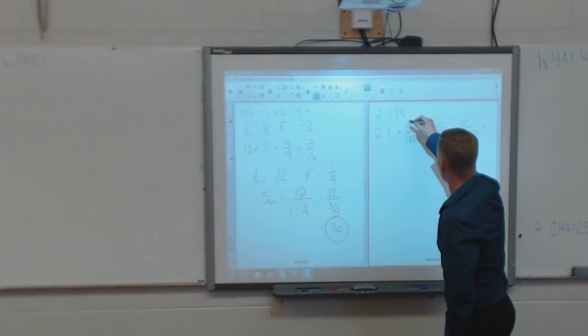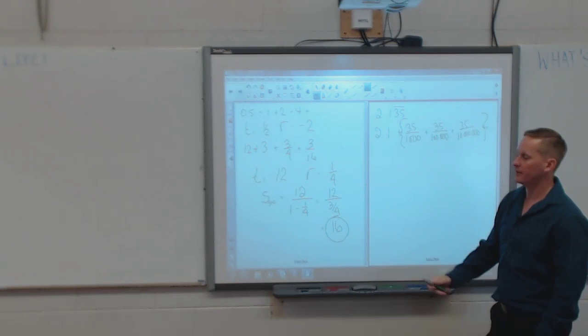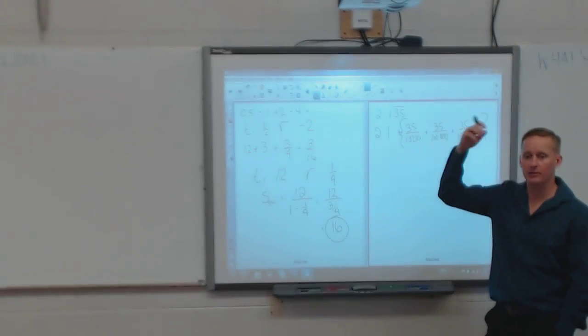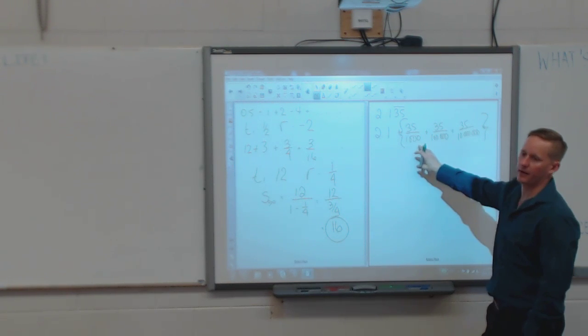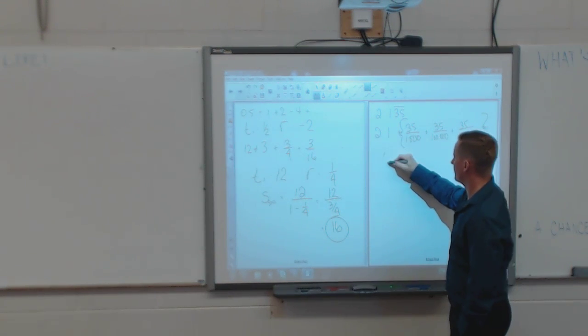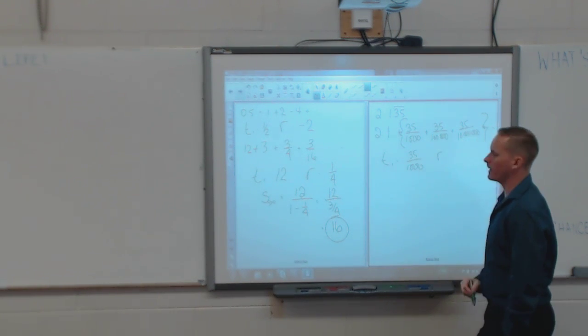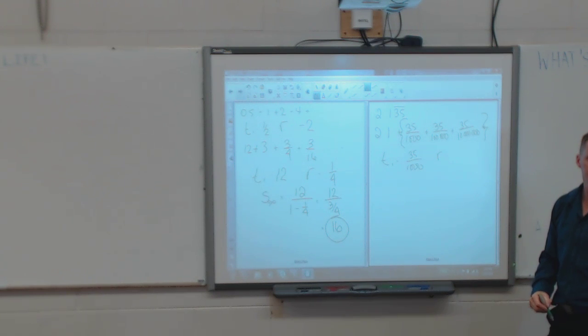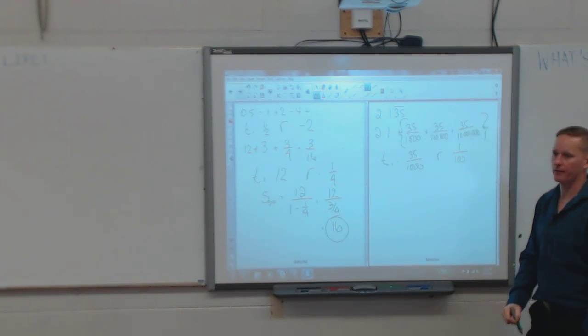If I just focus on this aspect, this has a finite value, obviously, right? It's 2.1, done. But if I just focus on this and work with it, my t to the 1 in this case is 35 over 1,000, right? What's my common ratio? 1 over 100.